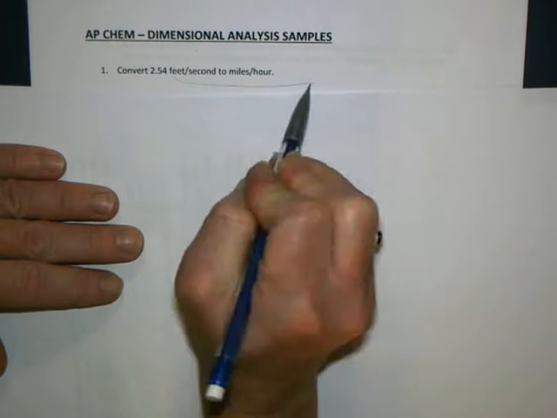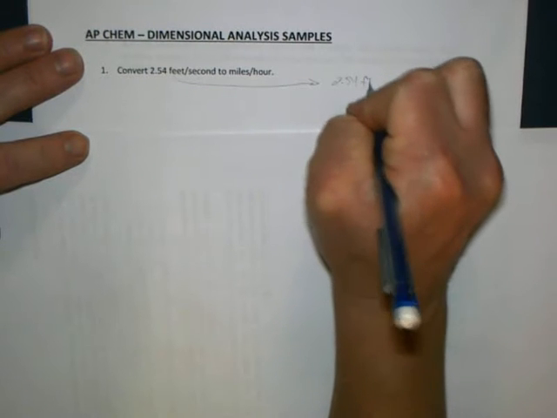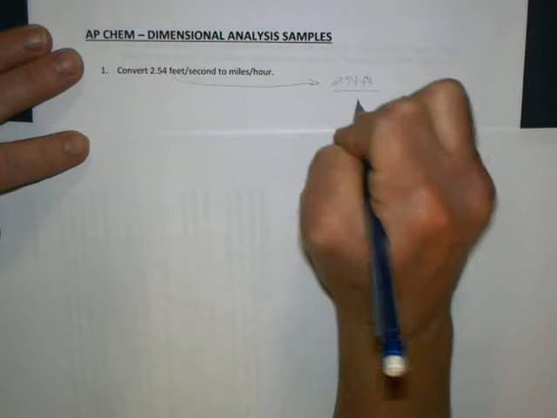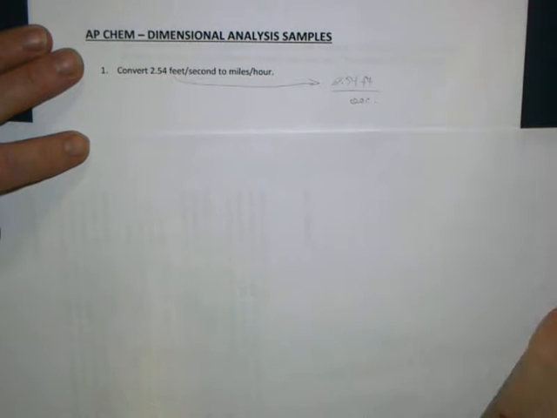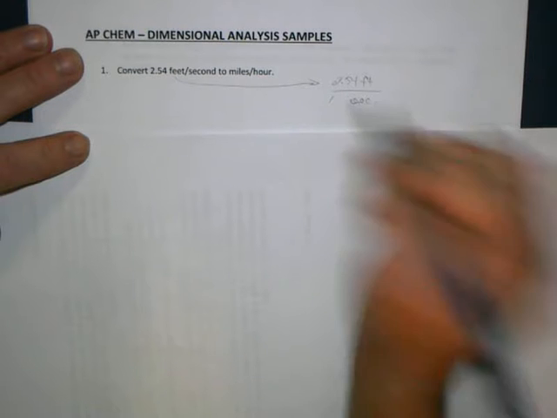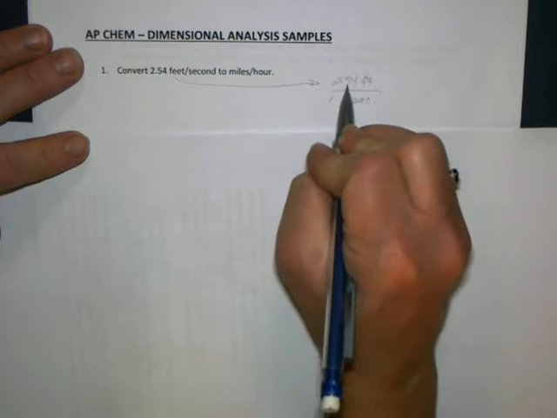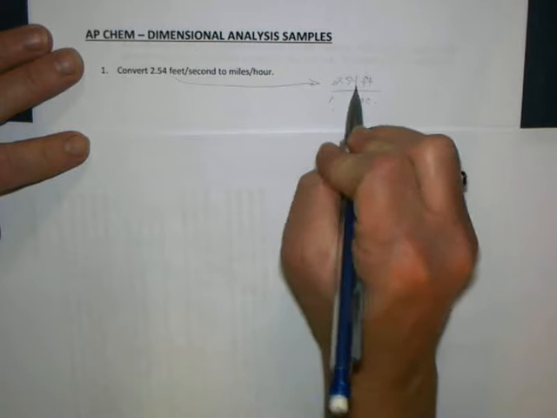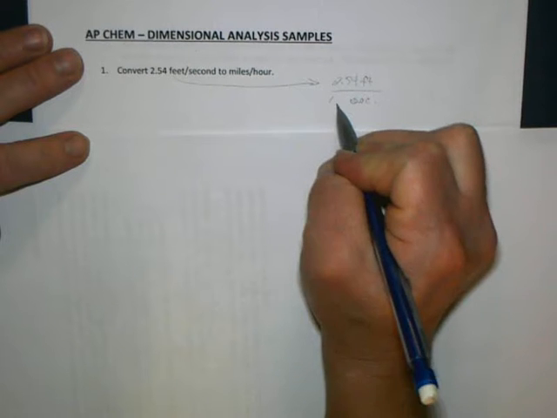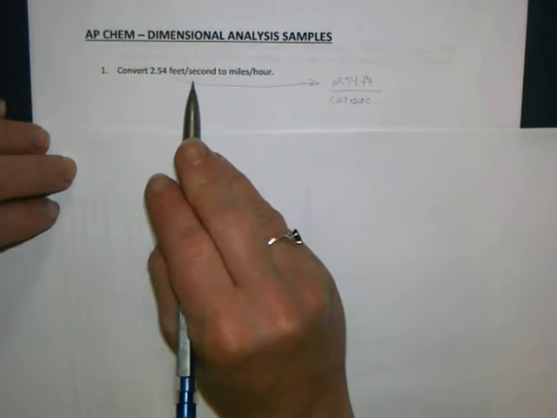Now, if this is given in a problem, then the feet become the unit in the numerator and the second becomes the unit in the denominator. If you feel more comfortable, we can place a 1 underneath, and if we want to respect sig figs, there's three non-zero numbers here. There's 3 sig figs, so therefore we would put 1.00 seconds if we truly want to respect the sig figs of our given.